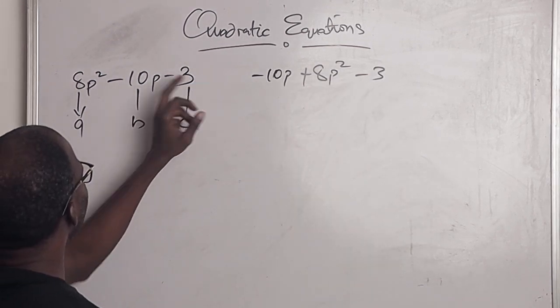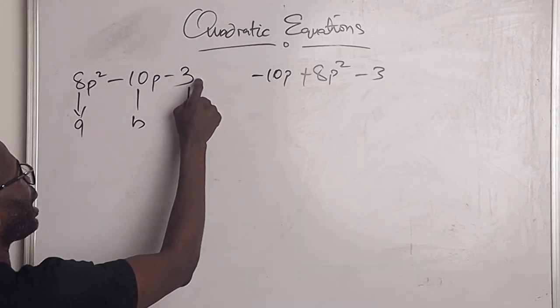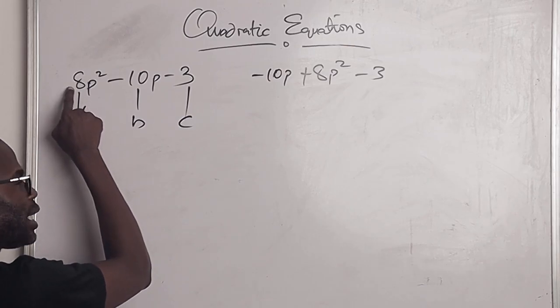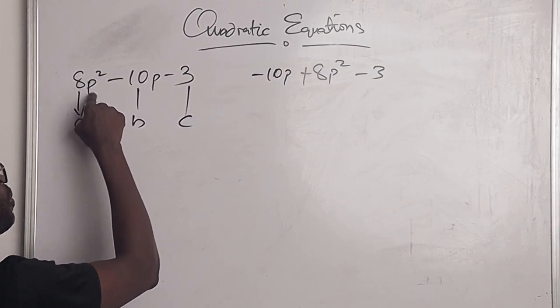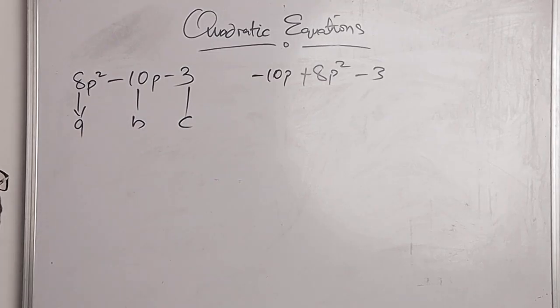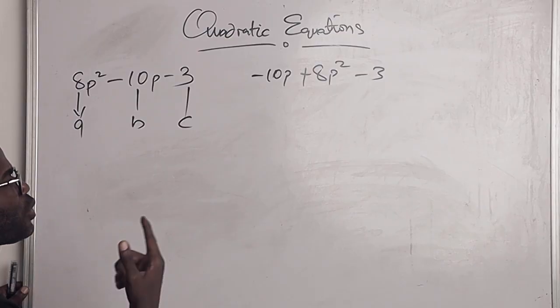So once we have this in this manner, the constant figure you have here, you have to multiply it by the coefficient of this first variable raised to power 2. What do I mean by that? In your mind, you will know that 8 times minus 3 is minus 24.